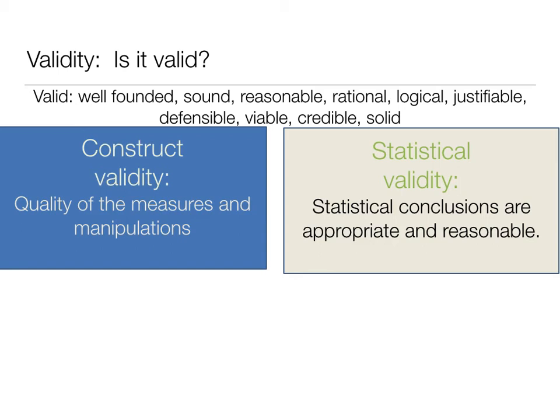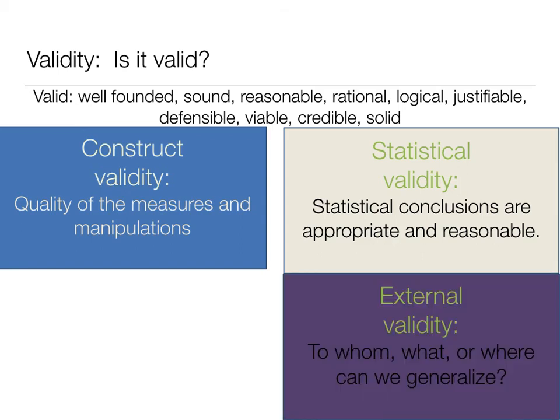You can evaluate, should they have used a correlation here? Do you think that that was an appropriate test for the kinds of claims that they're making? If they're making a causal claim, correlation's not the right test. You don't have statistical validity. So are these appropriate? Are these reasonable? Are these logical?